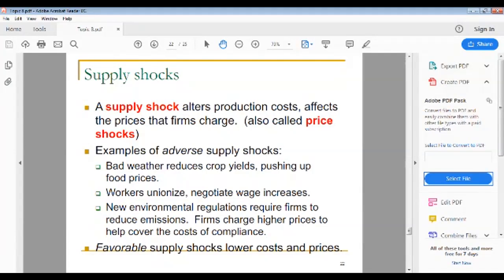Now, I think if you were an economist thinking about how you would understand why the economy has done so well since Trump was elected, it would be that he's been engaged in policies that have been favorable supply shocks.